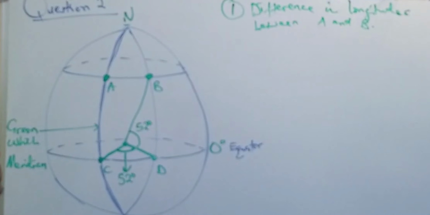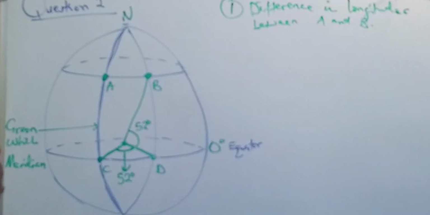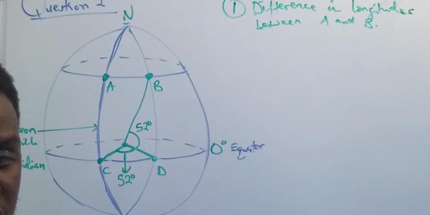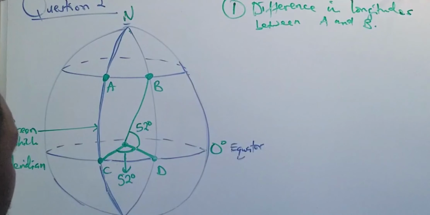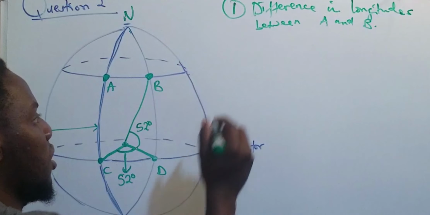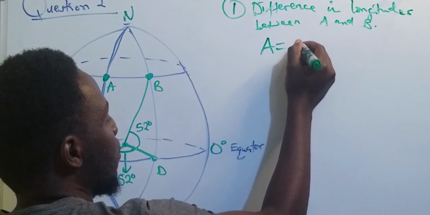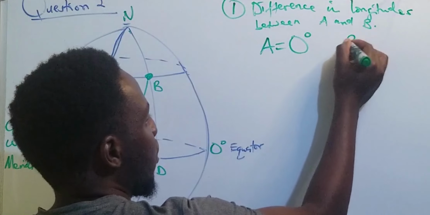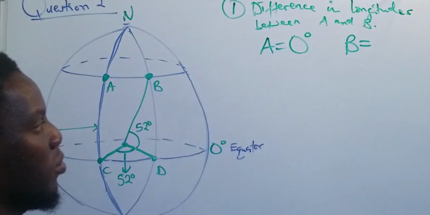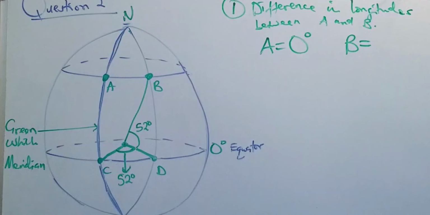So you should ask yourself, are points A and B on different sides or on the same side of the Greenwich meridian? In this case, A is on the Greenwich meridian itself. So Greenwich meridian, the value is 0 degrees. We mentioned that already. Let's look at the value for B, longitude where B is. So what we should do is, we'll go on the Greenwich meridian.